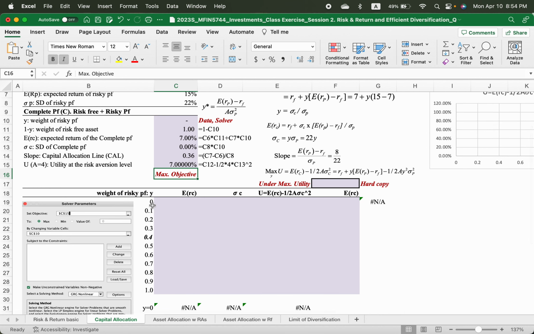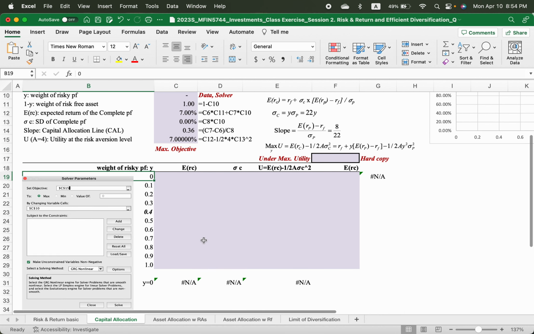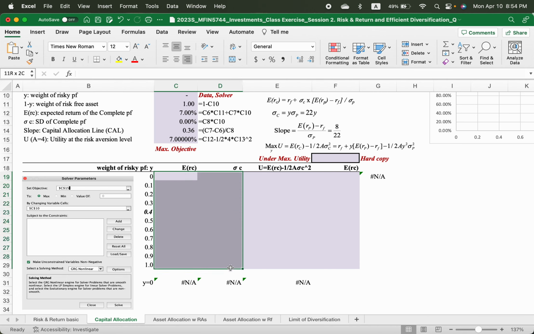Let's link all this: the weights of the risky portfolio, and we want to find the expected rate of return and the complete portfolio's standard deviation, the combination of these two, right? And then also we want to get this under the max level.